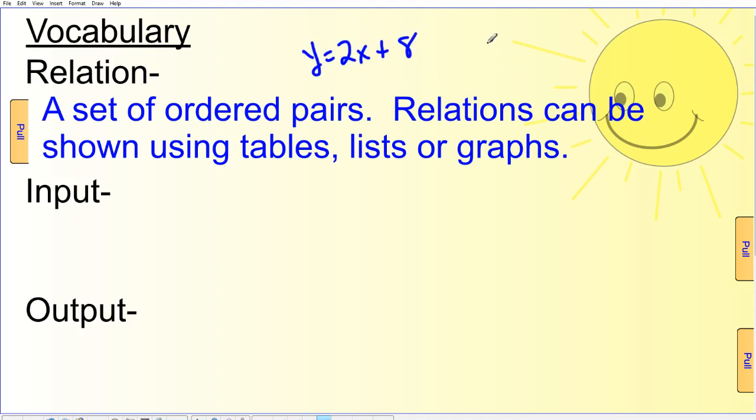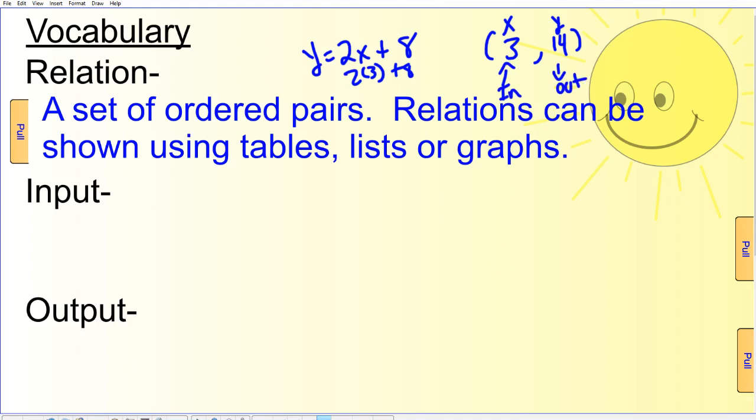Well, if I plug in the point 3 for my x variable, so that's my input, that's part of my domain, and I do the math, 2 times 3 is 6, 6 plus 8 is 14. So the output variable is 14. So when I plugged this one in, I got this one out of the equation.